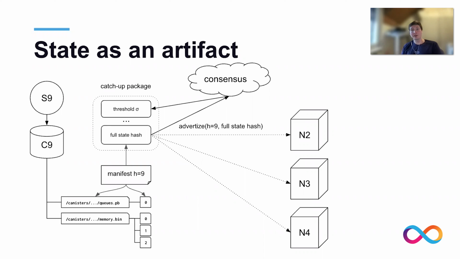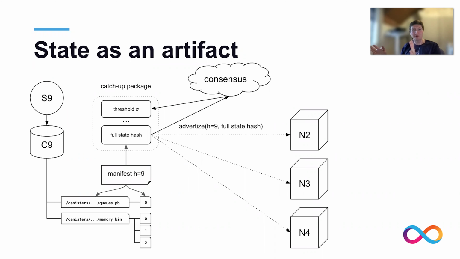And in Internet Computer, the amount of computation is quite big. And if you have a fast subnet, replaying blocks might take approximately the same amount of time as playing new blocks. So you will always be behind, no matter how hard you try.